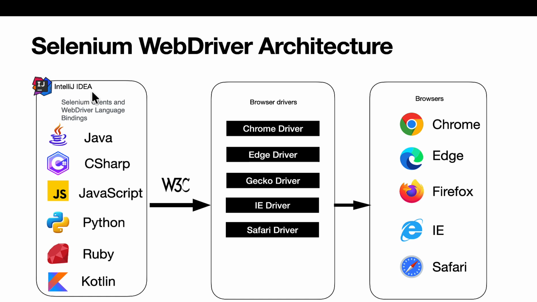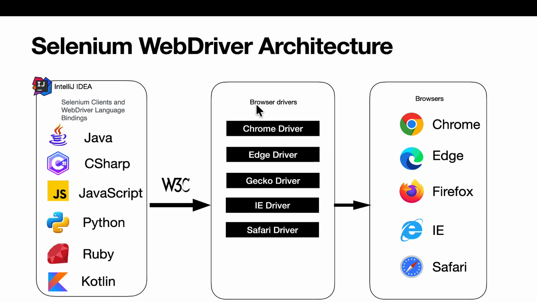So choose any kind of IDE and language. I recommend going with Java first, as it is widely used, and Python also. If you know Java, start writing the code. Then how does Selenium work? Once you write the code and hit the run button, it communicates with the driver files, the browser drivers.